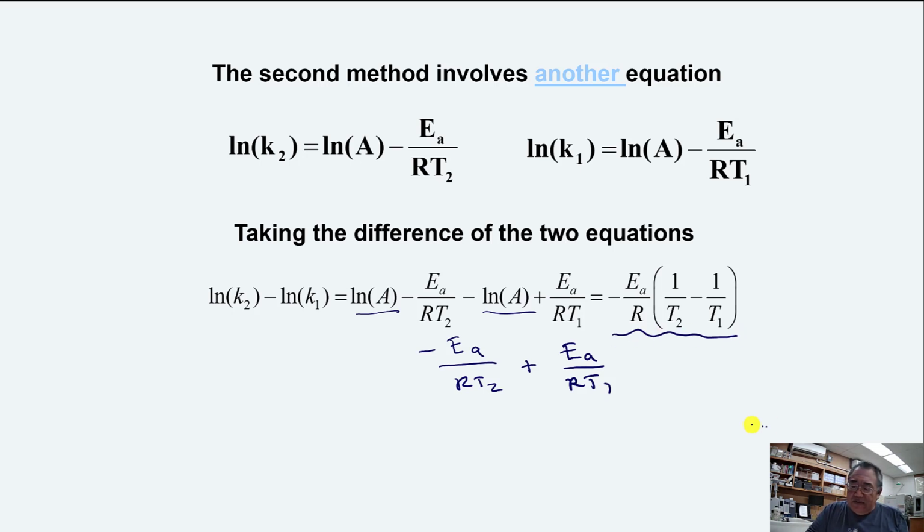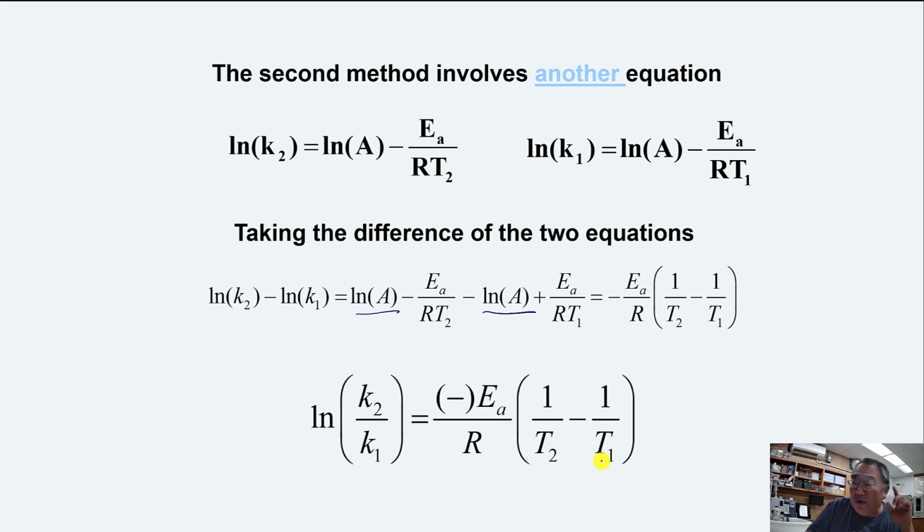So now, oh, I think I just wrote on top of that. Let me erase some of this so you can actually see it. But that's actually the middle part of the process. That gives us this equation. And this is known as the two-point Arrhenius equation. It's the version of the equation that people often use to quickly solve for an activation energy if they don't want to graph the whole thing. Or if you only have 2 points, it's going to yield the same result.